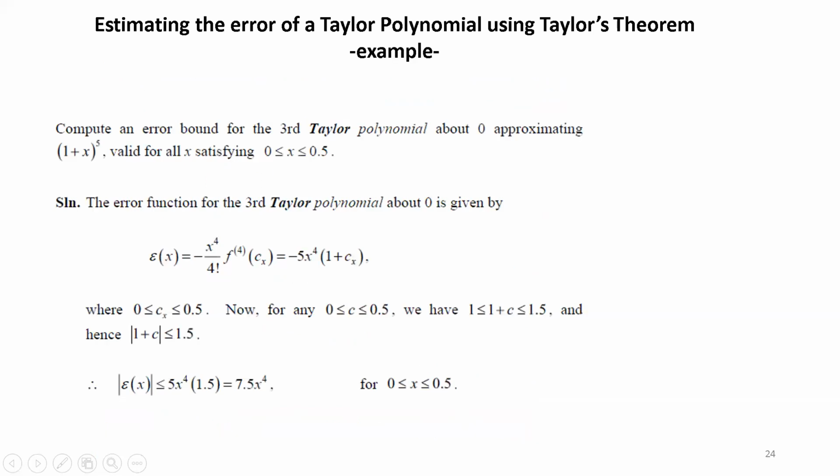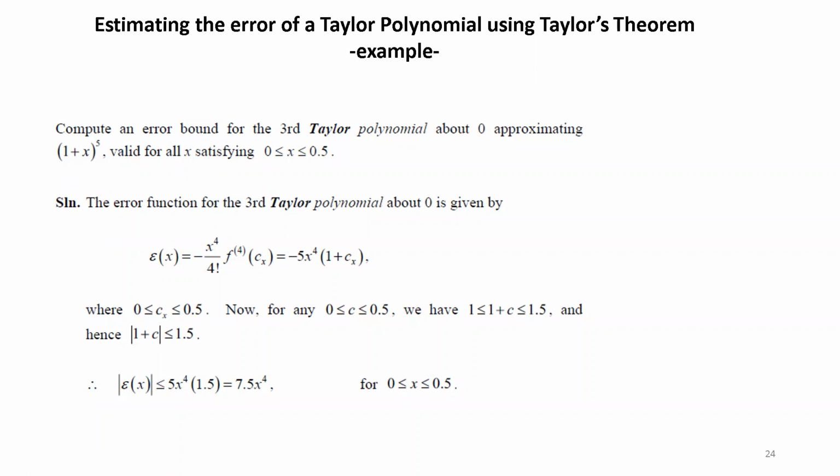Here is an example. Suppose I have the function 1 plus x to the power 5, and I use the Taylor polynomial to approximate this function.